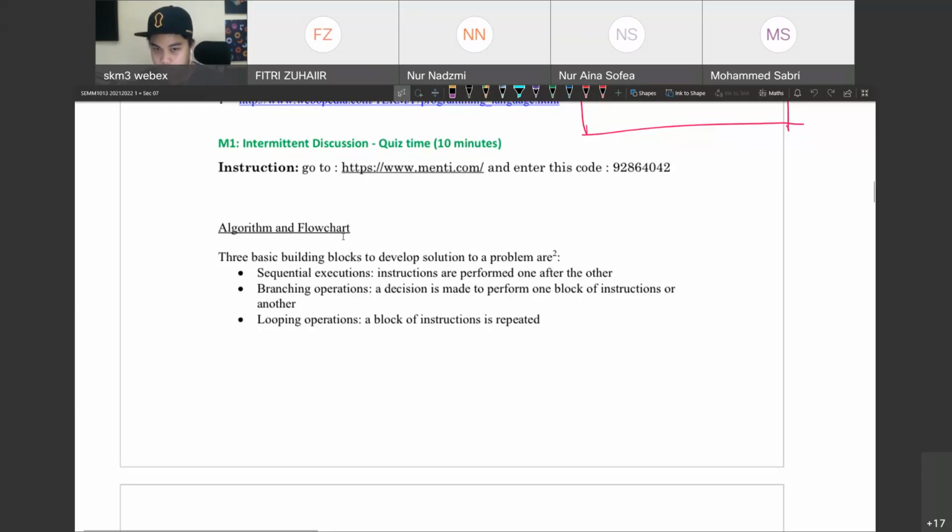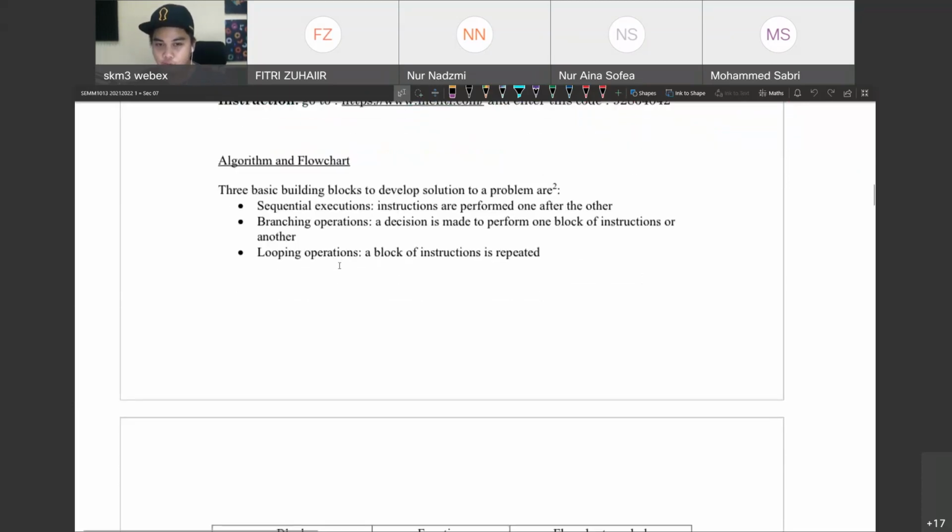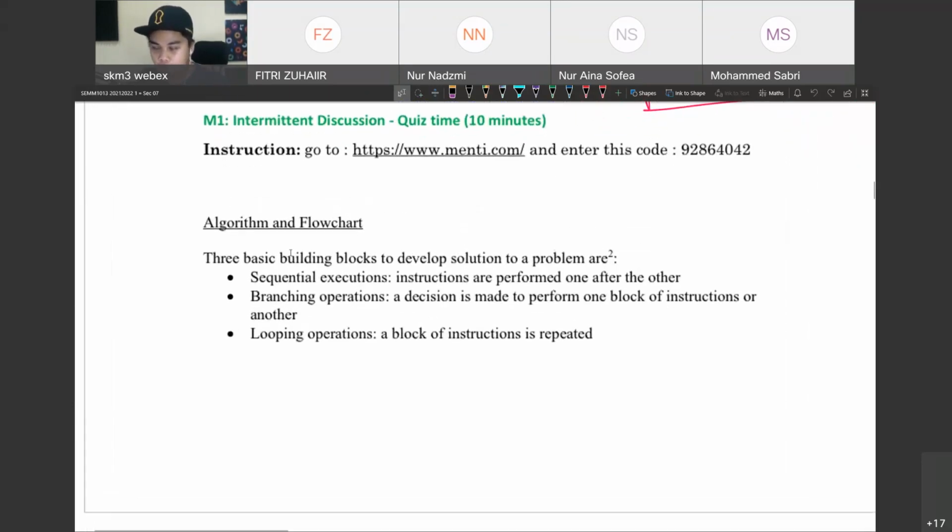This is because I'm going to give you a project that covers the algorithm and the flow chart. Remember we have a certain mark for the project. So anything that is not covered for the exam will be covered for the project.